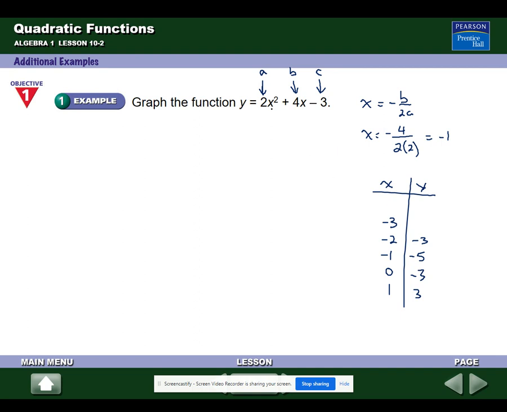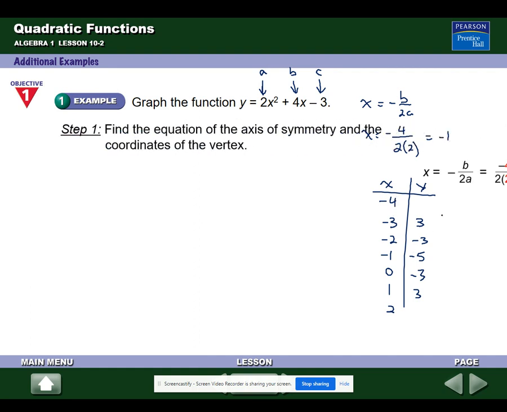Do the same thing with -3. 9, 18, -12 would be 6, -3 would be 3. And there's 5 good points that you can plot. That's probably good enough. If you wanted a few more, the numbers that I would pick would be 2 and -4, although I don't know that we necessarily need to do that.